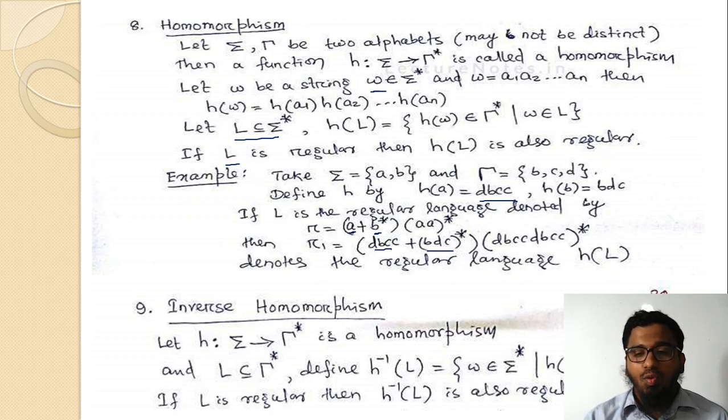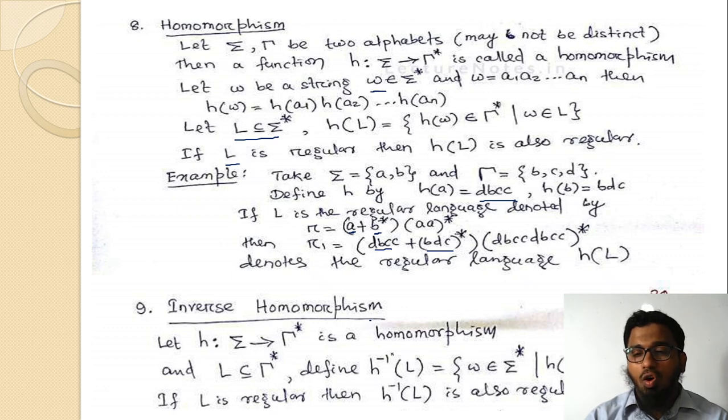Ninth one is inverse homomorphism. Let h from sigma to delta star be a homomorphism, and L a subset of delta closure.